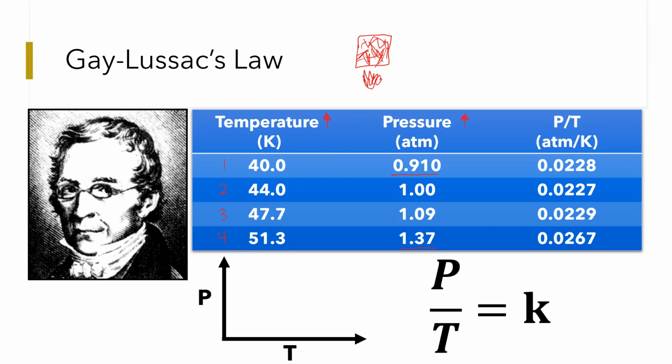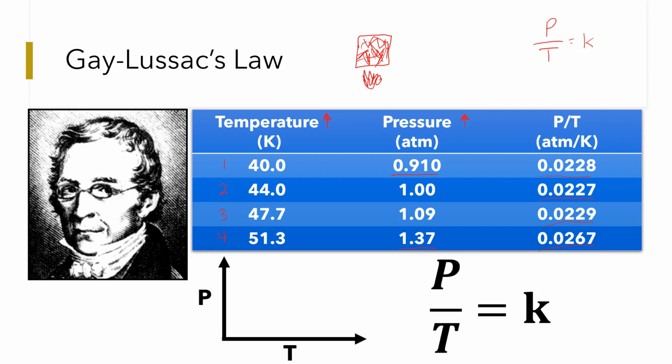And just like yesterday, we can't multiply these two numbers and expect them to equal each other. So we have to divide. So I have pressure divided by temperature, and once I do that, y'all, if we take a look at the numbers, it is relatively constant.